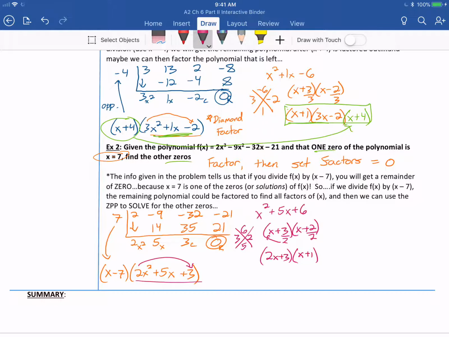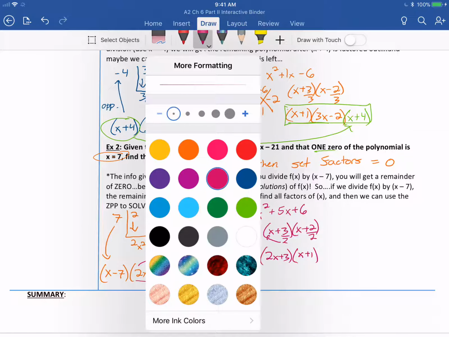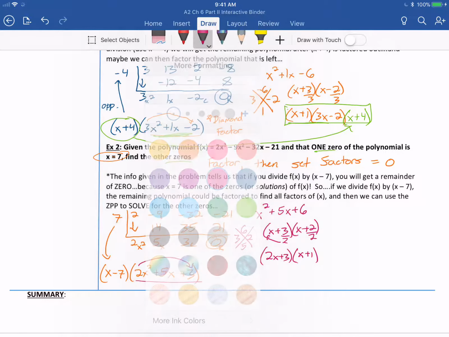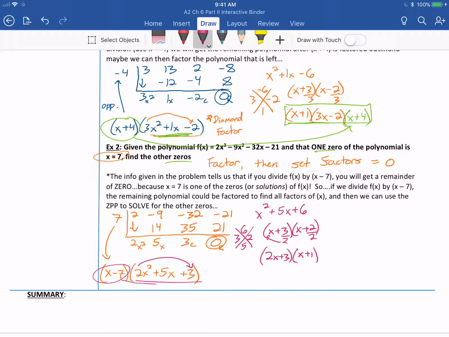All right. Don't forget here that this x minus 7 is also in front of there as well. So now I have an x minus 7. Okay, so this whole thing right here is my factored form. Okay, but it asked me not to find my factored form, it asked me for the zeros.